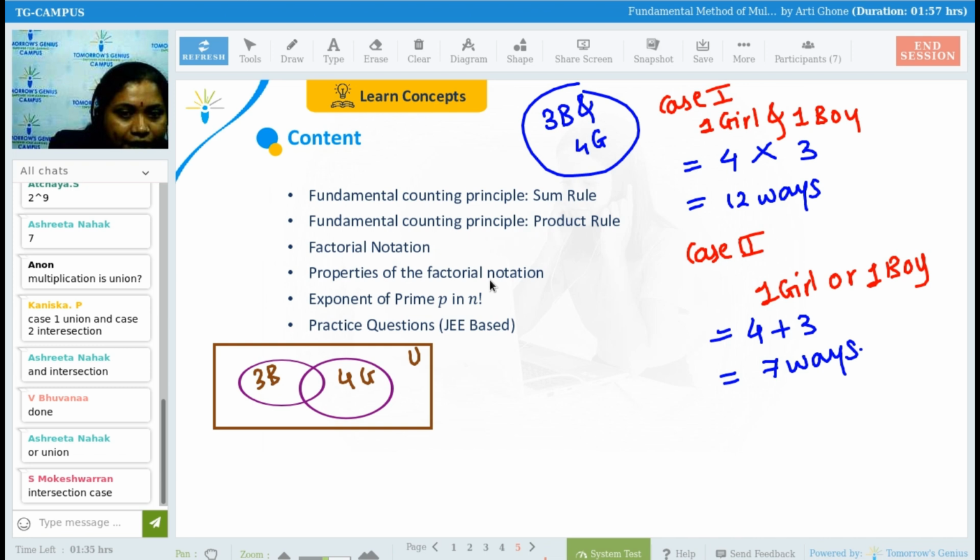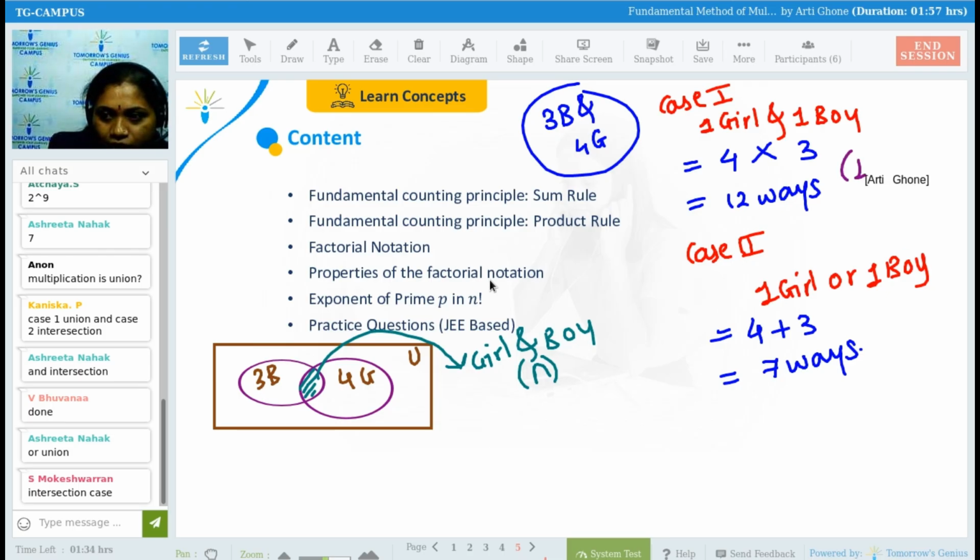Which is the region of and? This is the region of and. Here we have the data of girl and boy. So whenever we are getting girl and boy data, it is nothing but an intersection part. So the first operator is intersection.